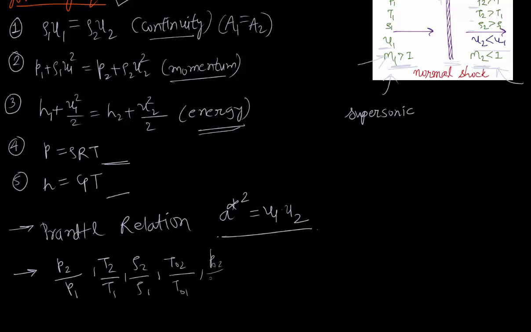P02 by P01, etc. So in the first step, we will divide the momentum equation, which is equation number 2, by the continuity equation, which is equation number 1.